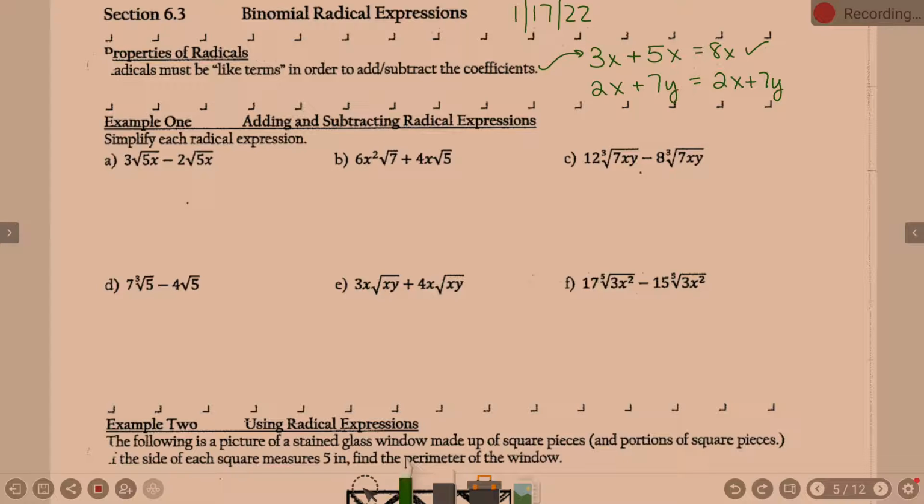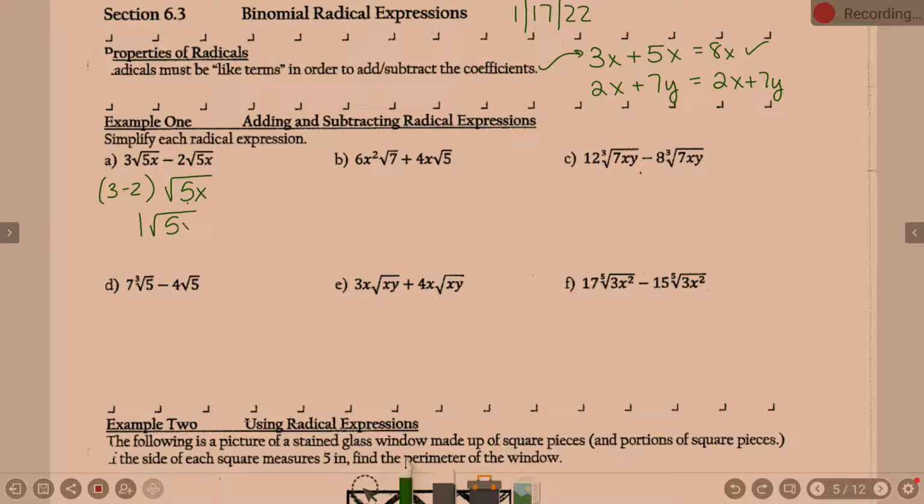I'm not saying you have to do this, but one way to write this would be: I'm doing 3 minus 2, the pieces out front, and then I'm going to multiply by square root of 5x. That's the gist of what I'm doing. We all know that 3 minus 2 is 1.